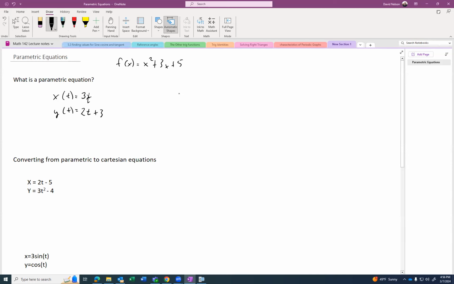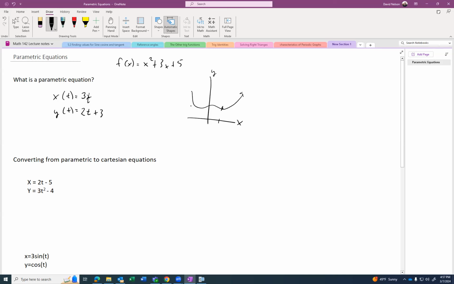We'll get into graphing in a little bit, but rather than relating y and x on our regular graph where you pick an x value and it determines what your y value is, we have some other hidden third variable that tells you the x coordinate and the y coordinate, and based on those you get a graph.